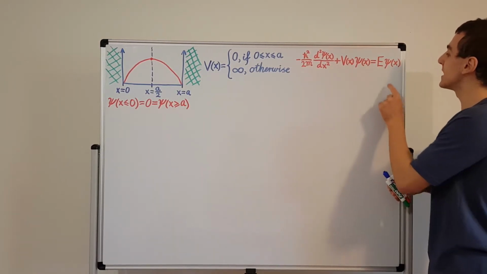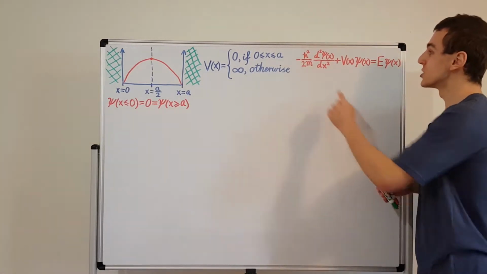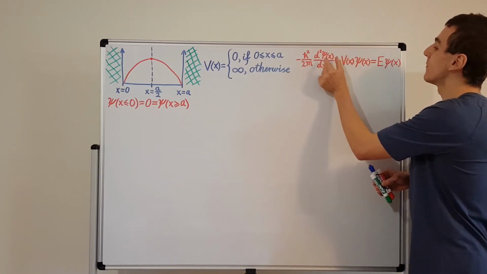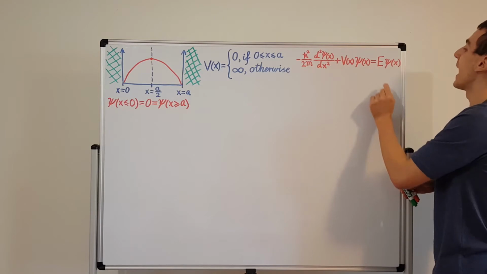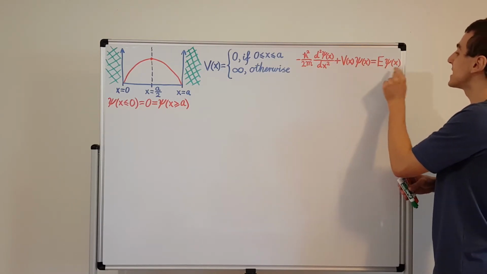So you can think of these as the eigenfunctions of the Hamiltonian operator. So this over here is the Hamiltonian operator acting on the wave function. And when the Hamiltonian acts on the wave function, it's the same as E multiplying this wave function, because this is a special function.